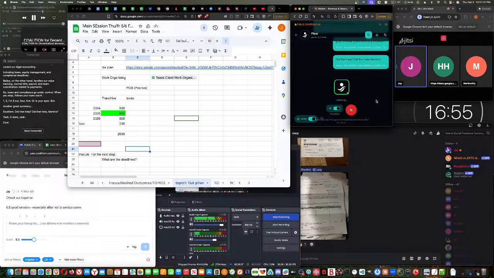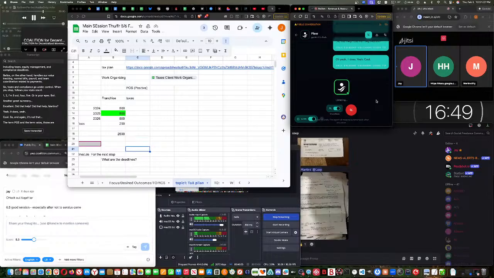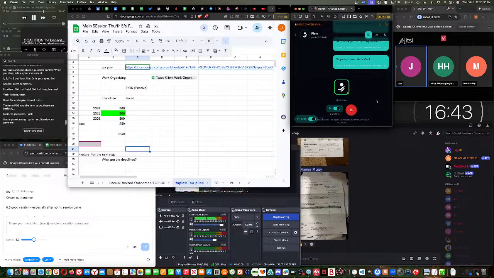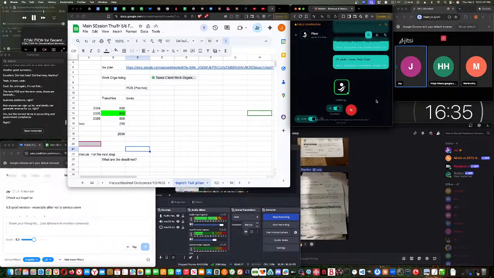And again, the terms POS and VALOS are basically business platforms that anyone can sign up for and ideally can generate revenue for us, right? But the correct terms are accounting and government compliance, and assets and other things that go under POS.